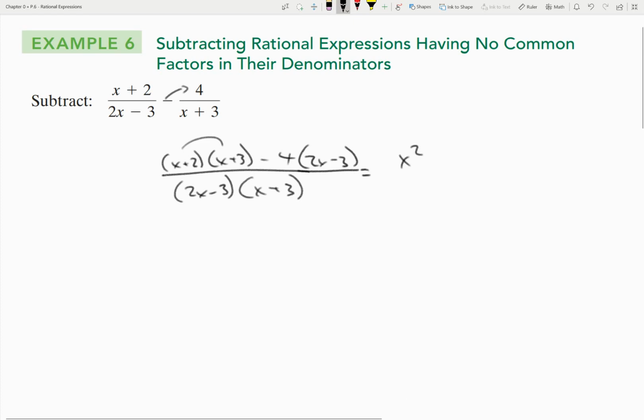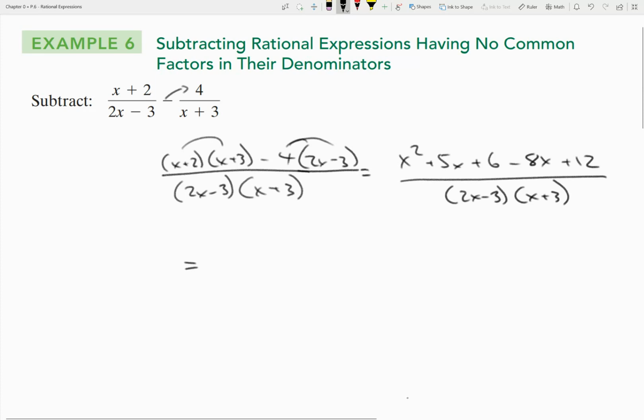Foiling them gives me x squared plus 5x plus 6. And then distributing the negative 4 gives me minus 8x plus 12 over 2x minus 3 times x plus 3. And now I can combine the like terms. We have x squared, the 5x minus the 8x is minus 3x, and that's 18 for a constant, over 2x minus 3, x plus 3.